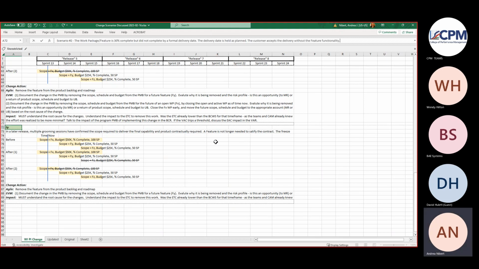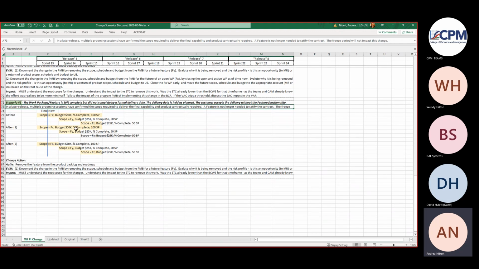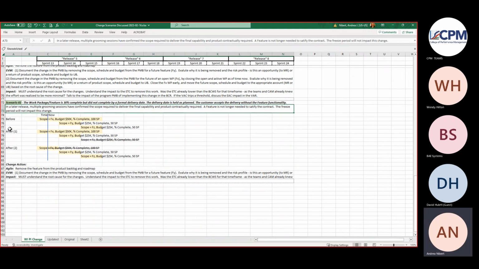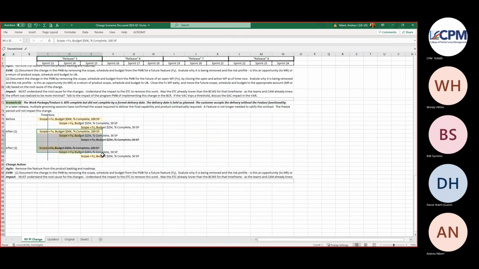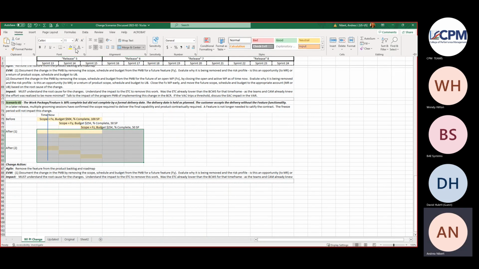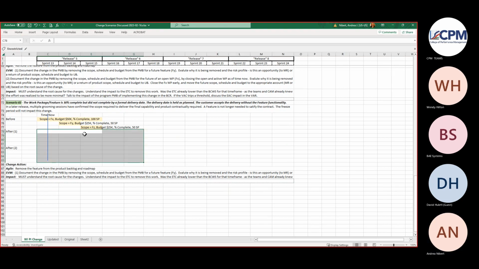And we have some basic assumptions with regard to a feature.